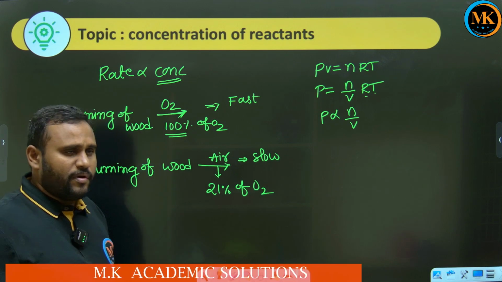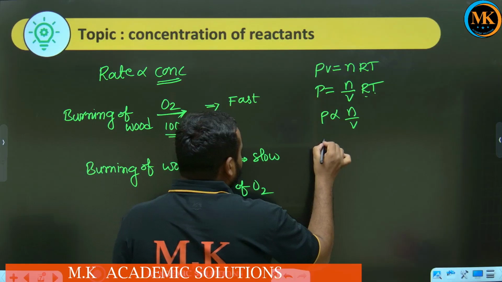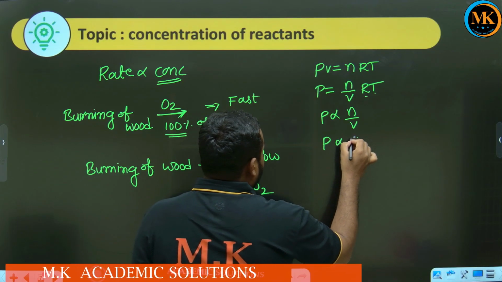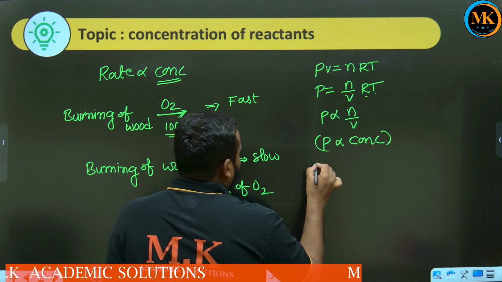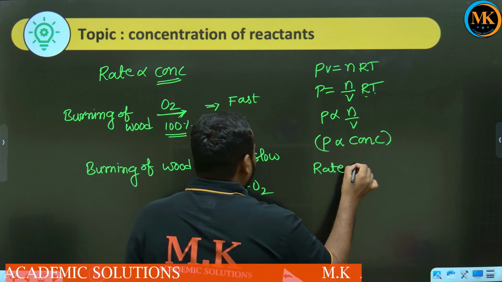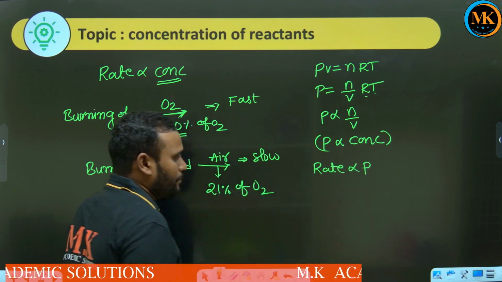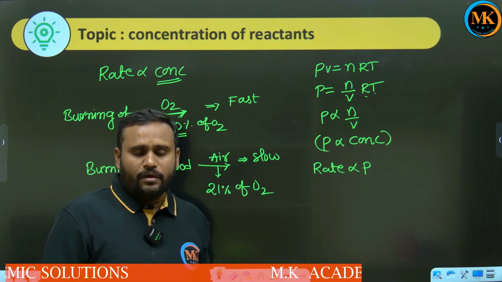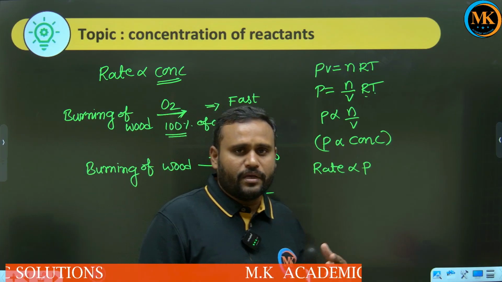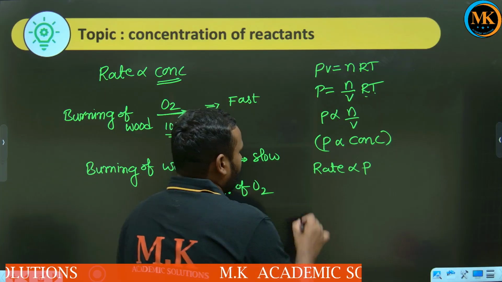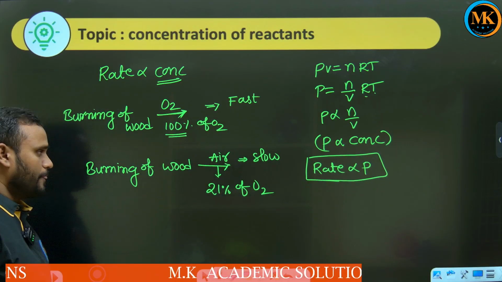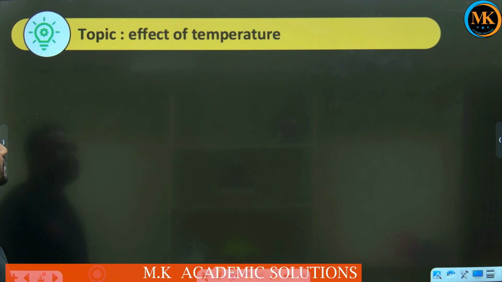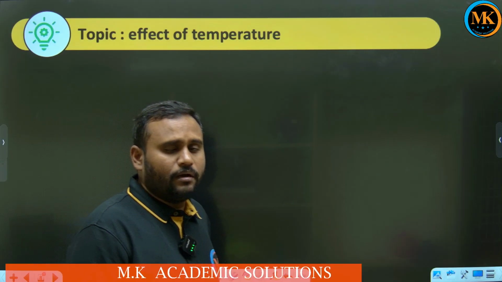Number of moles by volume in liter, that is nothing but concentration. Pressure is directly proportional to what? Concentration, which means rate of reaction is also directly proportional to the pressure. As pressure of reactants increases, rate of reaction also increases. So rate of reaction is directly proportional to what, children? Pressure. Okay. Next we are going to see the effect of temperature.